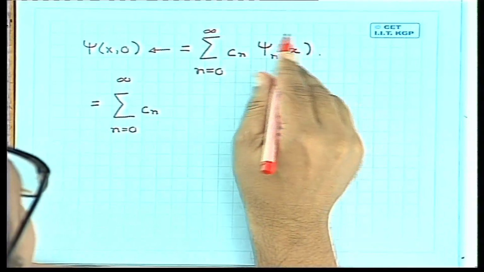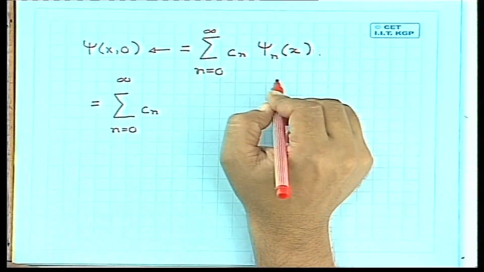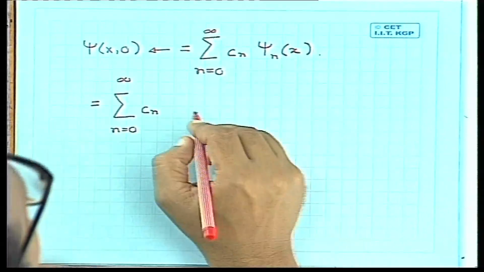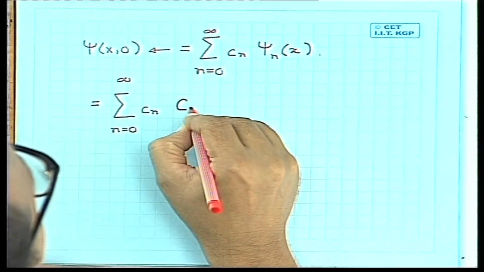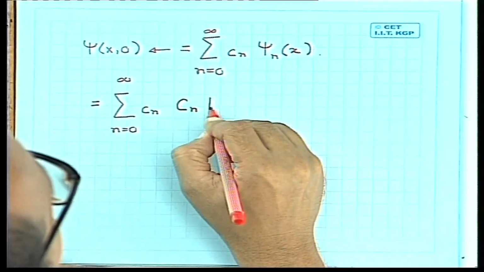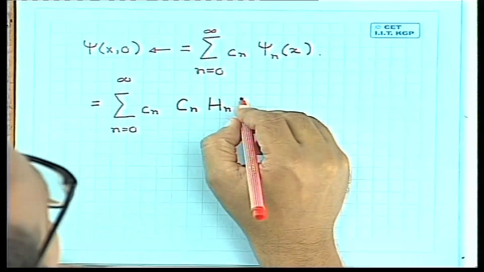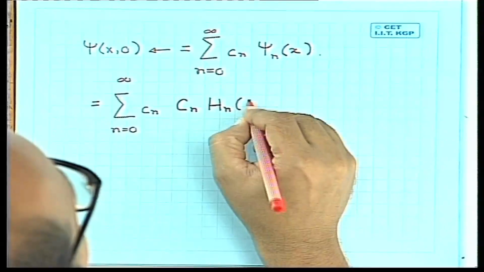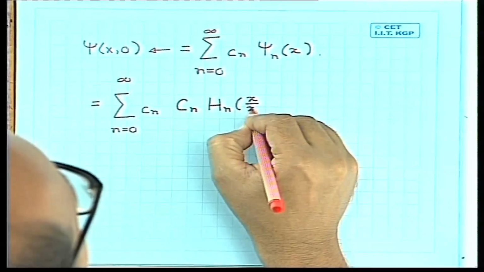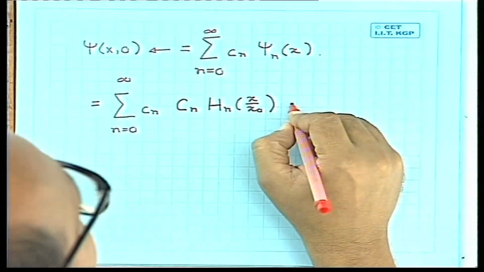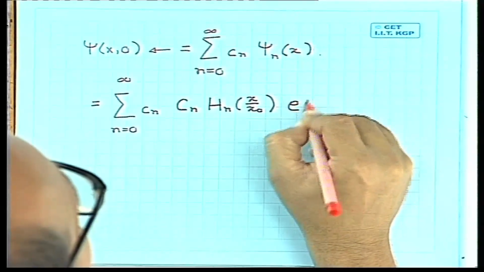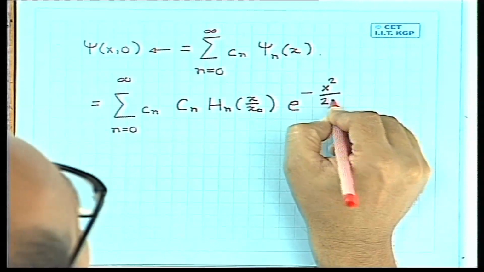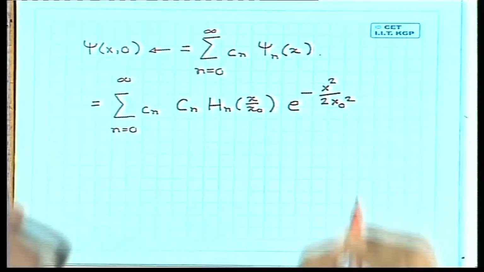Each of these eigenfunctions psi n can be written, as we saw, as C n H n of x by x naught into e to the power minus x squared by 2 x naught squared.